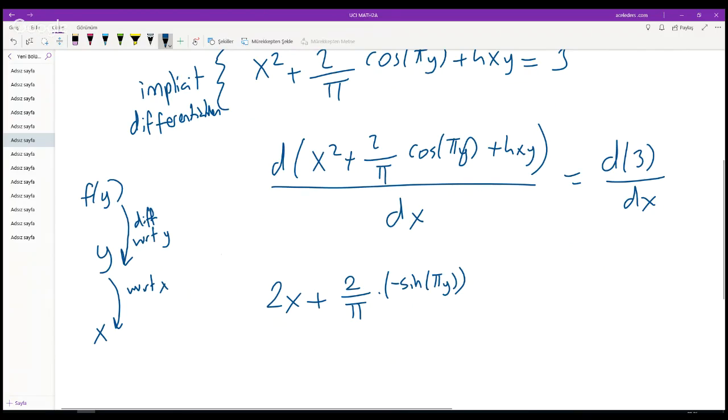And now the chain rule applies, as you see. Times now the derivative of pi y with respect to y, which is pi. Okay? But now I just took the first step. Now I need the second step, the derivative with respect to x. Do I know the derivative of y with respect to x?